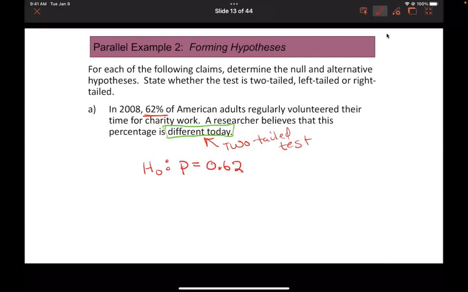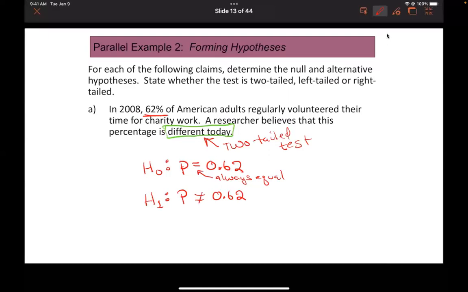We always write them as a decimal. So my null hypothesis is that the proportion of American adults who regularly volunteer is equal to 0.62. That's my null hypothesis, always equal, because we are believing this is true until we find evidence to the contrary. My alternative hypothesis, that's H sub 1, is that P does not equal 0.62. So a two-tailed test will always have a not equal.